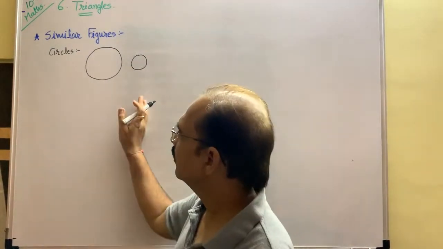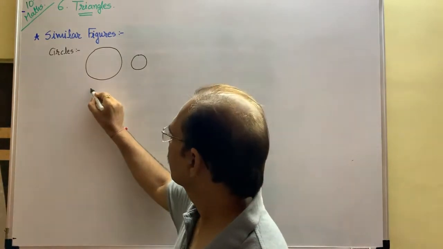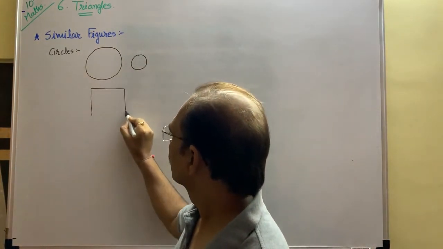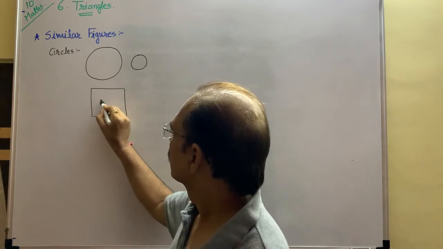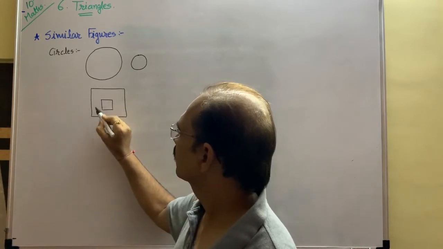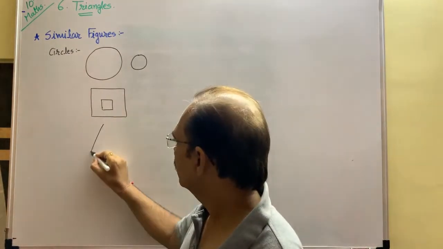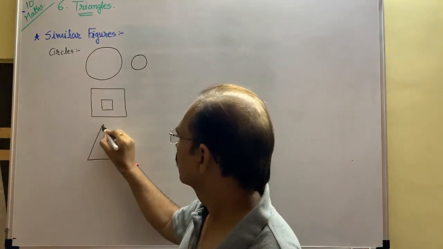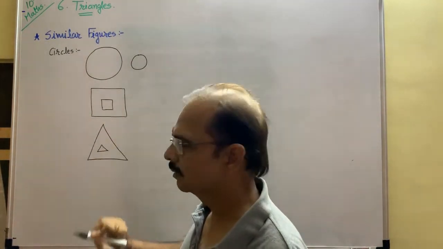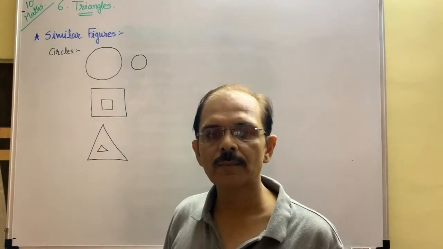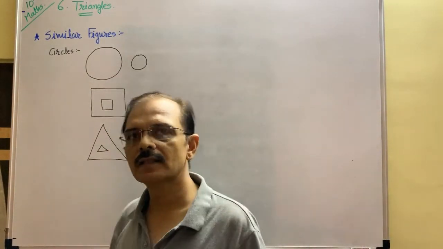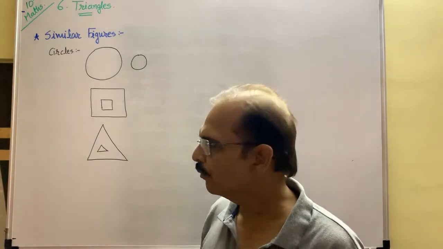So shapes are same, sizes are different. As for example, square, this is also a square but its size is different. Okay, similarly triangle, another triangle, both are triangles, shape wise they are equal but size wise they are different.